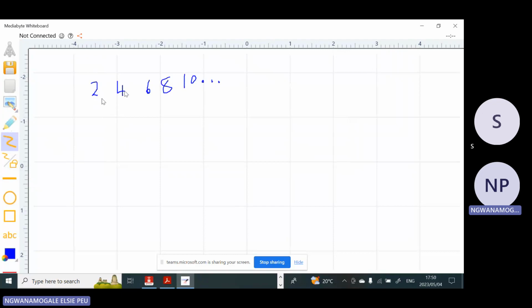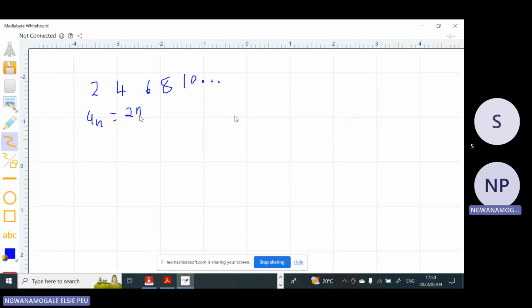We found that the difference here is 2, which means our a_n can be equal to 2n. Whenever we put 1 here, it's going to give us this sequence.